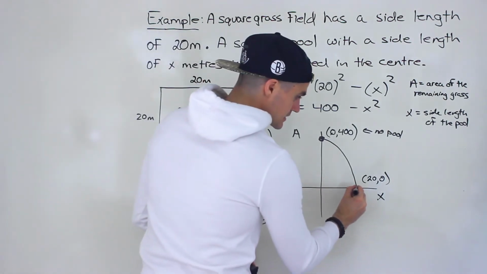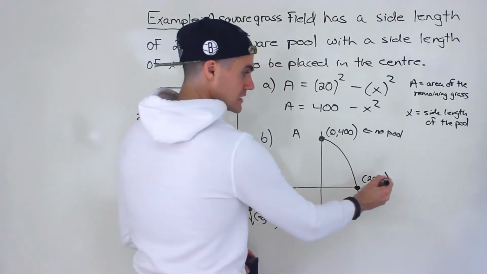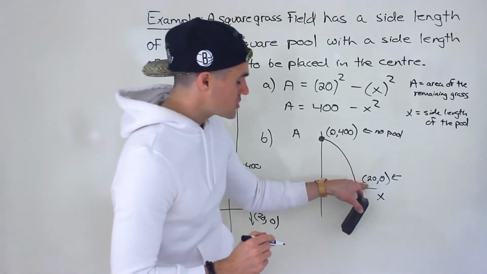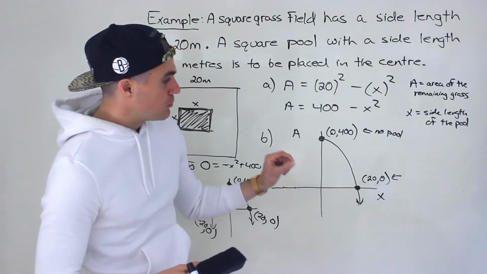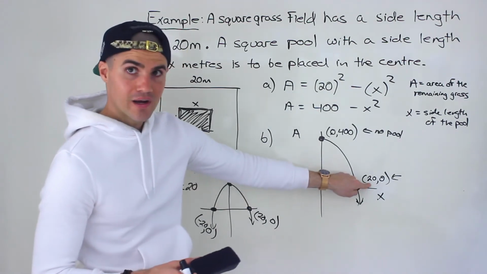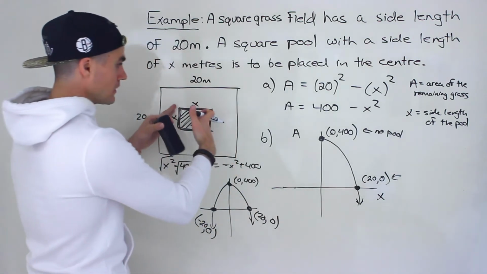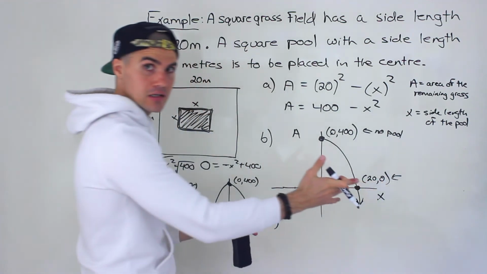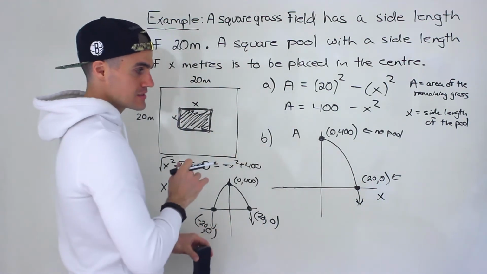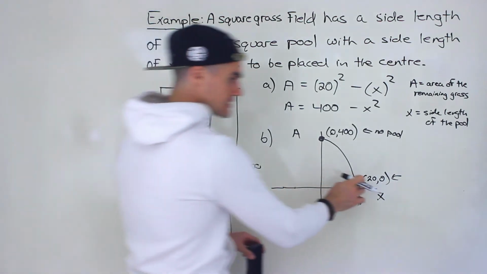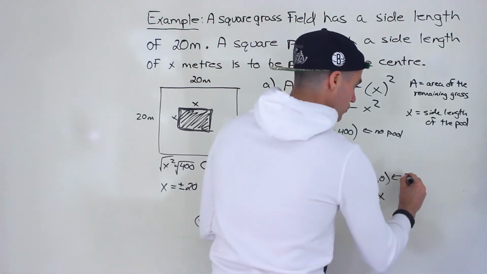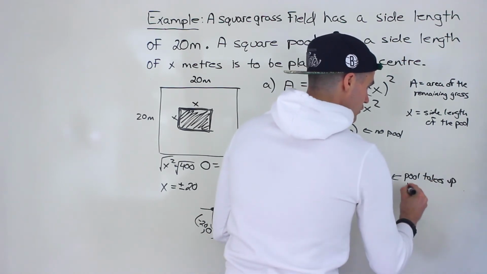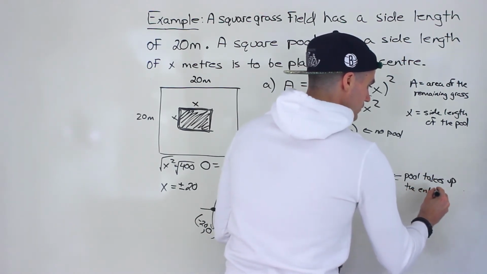Now, what does this intercept represent, this 20 and 0, according to this word problem? Well, this represents if the pool has a side length of 20. If the pool has a side length of 20, then notice it's going to take up the entire field. And so there's not going to be any grass remaining. So that A value is going to be 0 in this case. So this intercept here represents if the pool takes up the entire field.